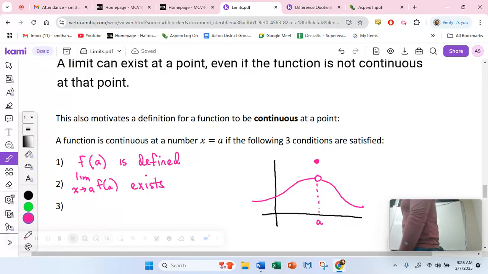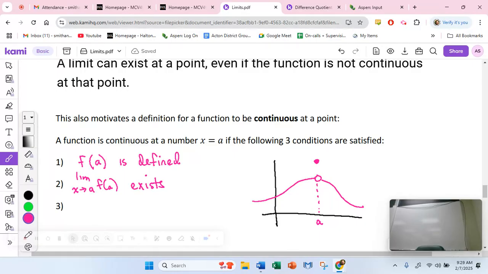So this is a function. It passes a vertical line test. F at a is defined. When x is a, the y value is up here. And the limit exists too. As you approach this value of a from the left, we approach this y value where the hole is. Same thing from the right.